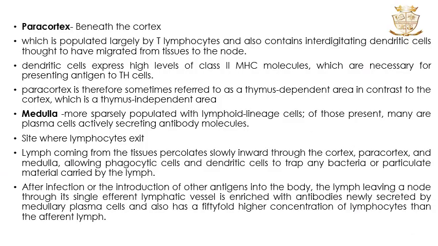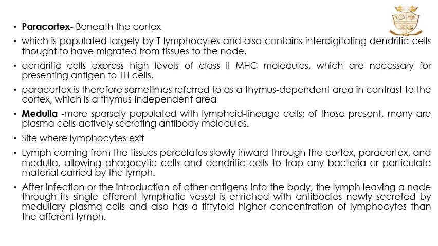Next, we discuss another region, the paracortex, which is situated just beneath the cortex and is populated by T lymphocytes. So it is called a thymus dependent region, compared to the cortex, which is thymus independent.